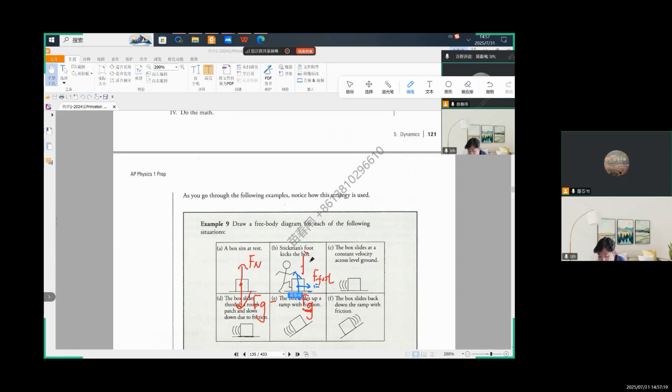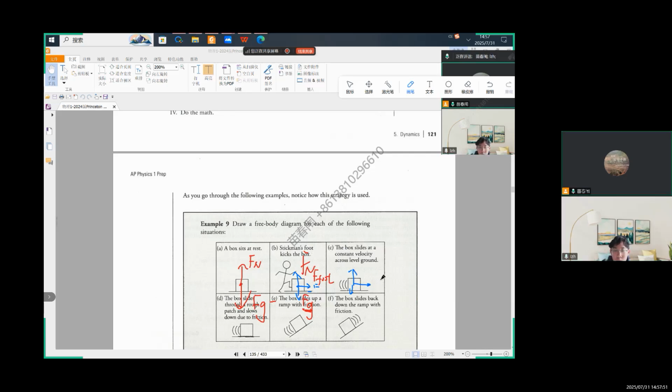Okay, that's this one. How about C? The force going there, the normal force, and the force of gravity. Yeah. I don't think there's a force of friction, since they slide with constant velocity.